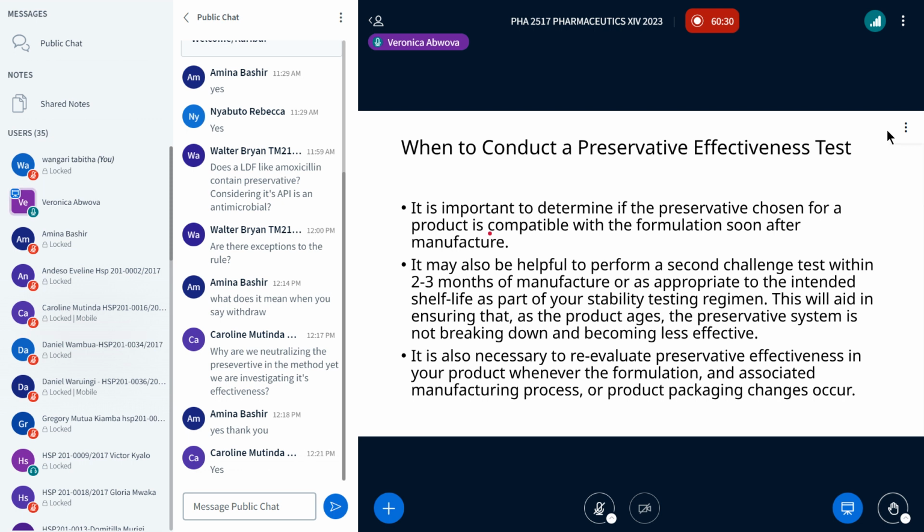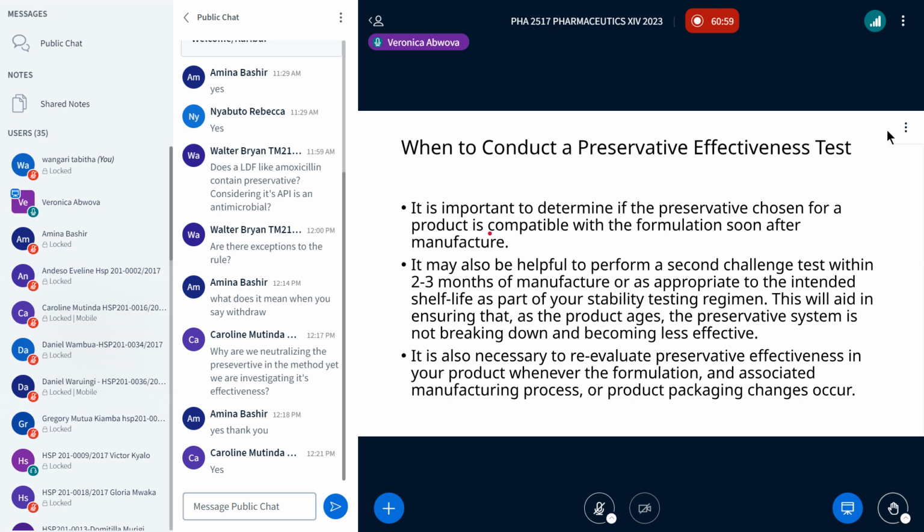So when do you conduct a preservative effectiveness test? It is important to determine if the preservative chosen for a product is compatible with the formulation soon after manufacture. Because remember, you may add a preservative to a product and not know that the preservative is interacting with your product, so it does not have free preservative.